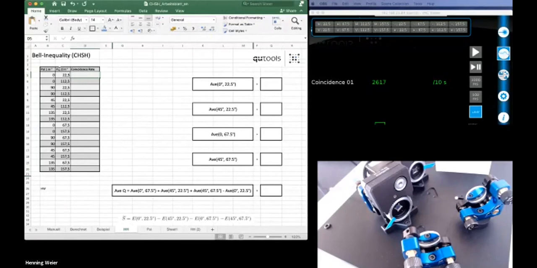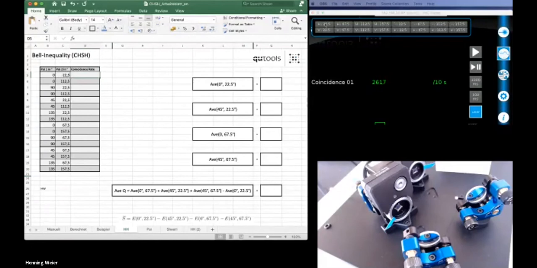Right, so here you can see the first polarizer. This is, let's say, Alice's polarizer. This is going to go to 0 degrees. 0 degrees means H. And Bob's polarizer is going to go to 22.5 degrees. And then we're going to take the measurement.